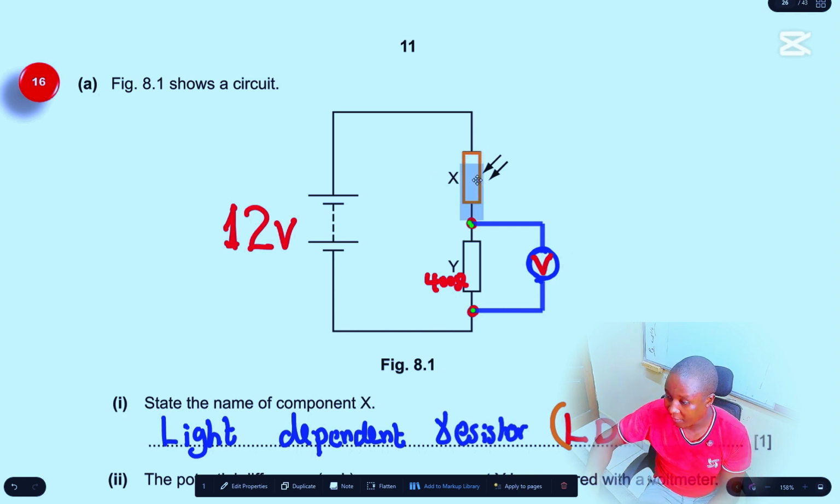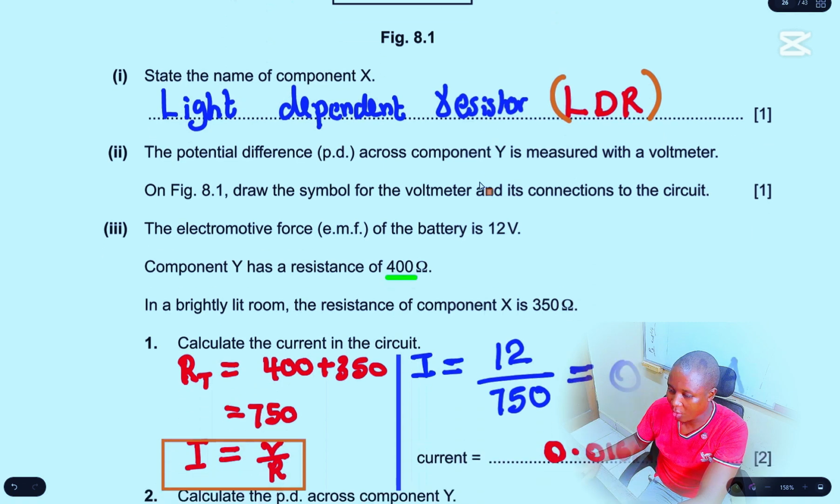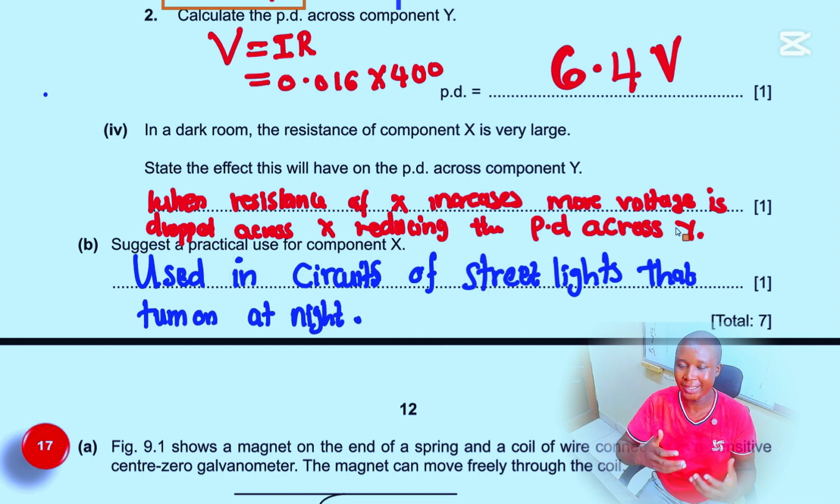So in the event you are given that question in an exam, you are going to respond by saying: when the resistance of X increases, there is more voltage drop across X, reducing the PD across Y, because the resistance of a light dependent resistor increases when light intensity decreases.